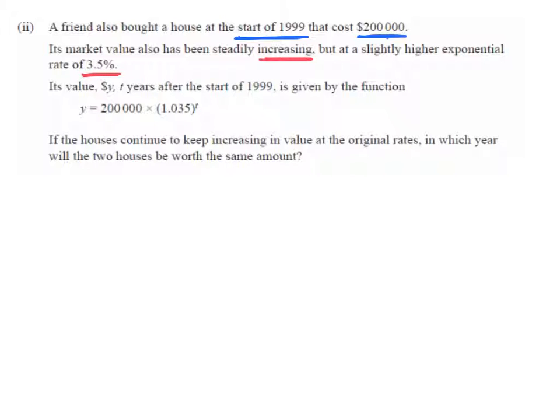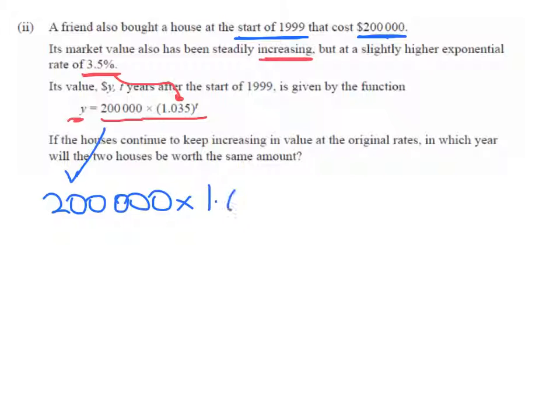And then you're given the function, which is that the value is equal to the initial value times 1 plus 3.5% to the power of t. If the houses continue to keep increasing in value at the original rates, in which year will they be worth the same amount?